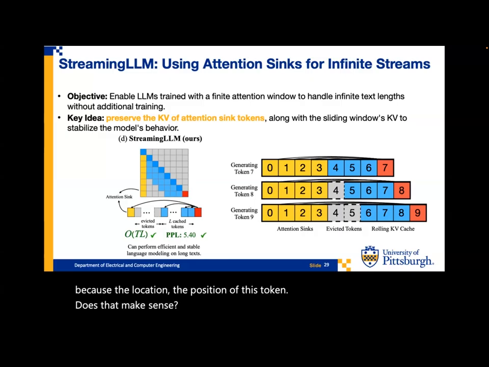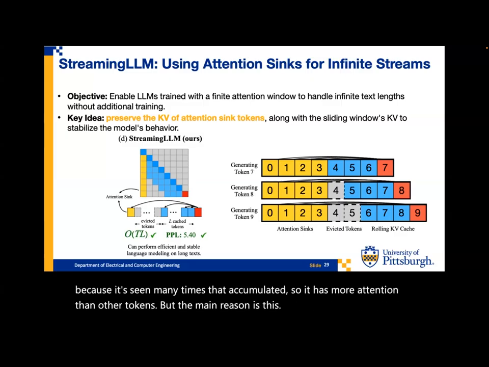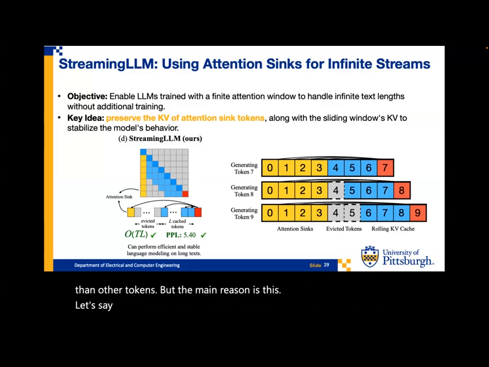But why? One reason, as Shofan mentioned, is that it's seen many times and that's accumulated, so it has more attention than other tokens. But the main reason is this. Let's say I have a token, a word like "a" or "the".